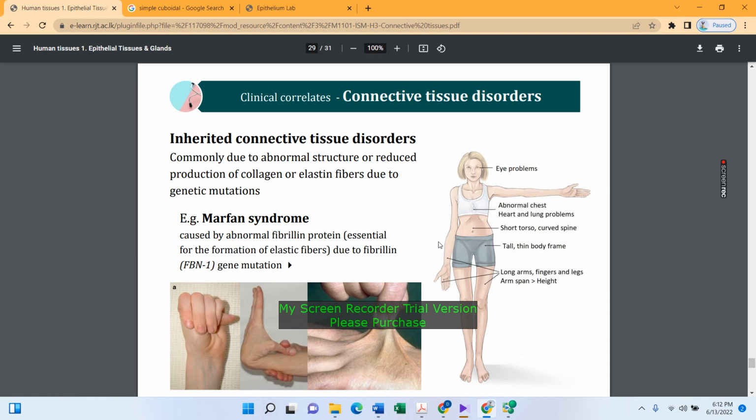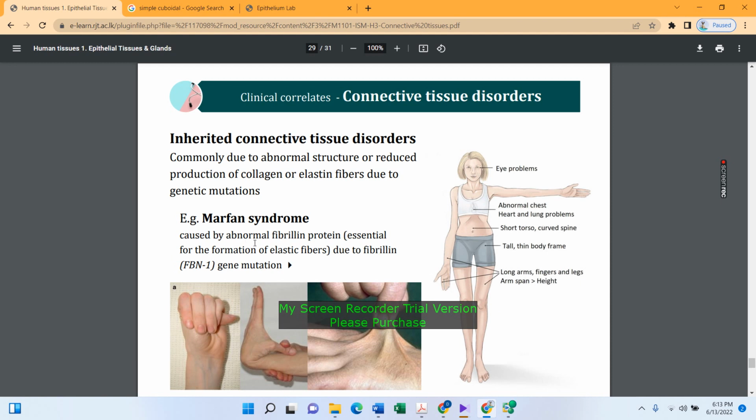You can see this person with Marfan syndrome: he has an abnormal chest, heart and lung problems, a short torso, a curved spine, a tall thin body frame, and long arms, fingers and legs. His arm span is greater than his height.